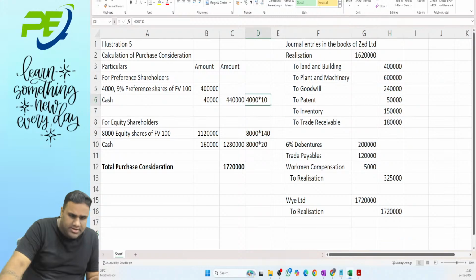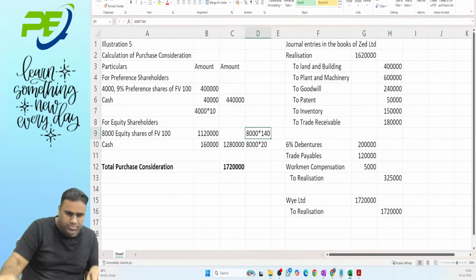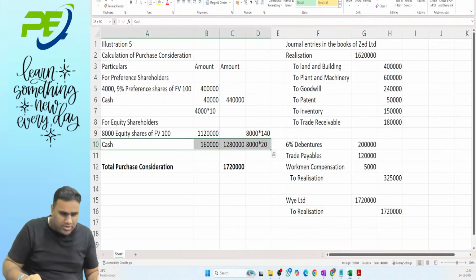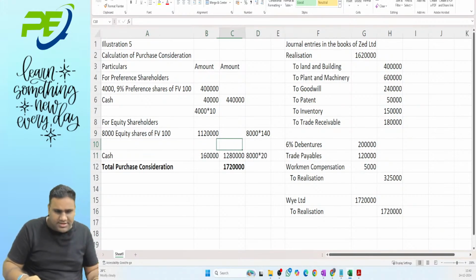Just give me 1 minute. Because of a lot of space constraint.